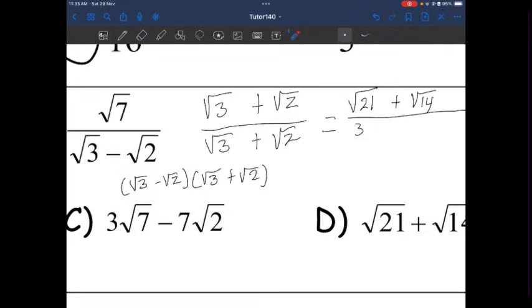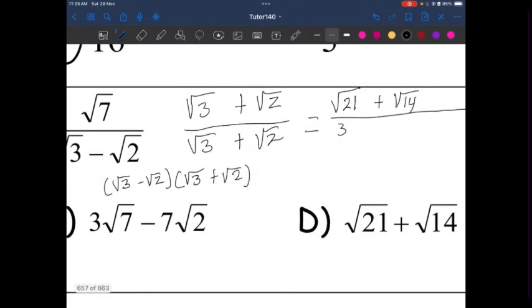So we did root 3 times root 3, and that gave us a positive 3. Now we have to do the root 3 times the root 2, which will give us the square root of 6, so that's plus the square root of 6. Then minus the square root of 6, this root 2 times root 3.